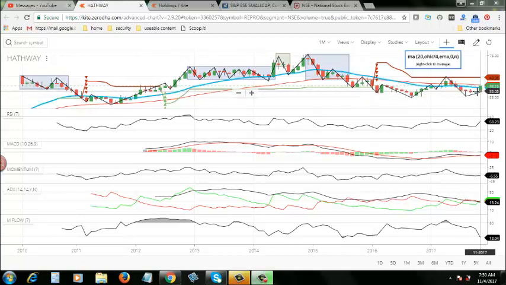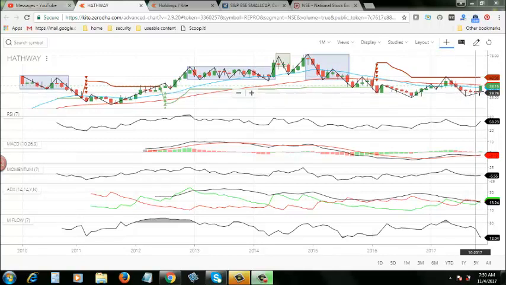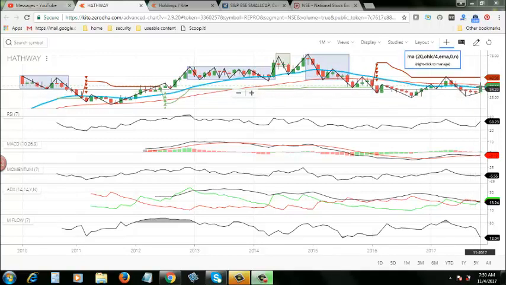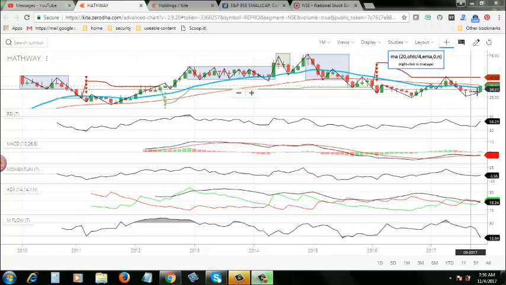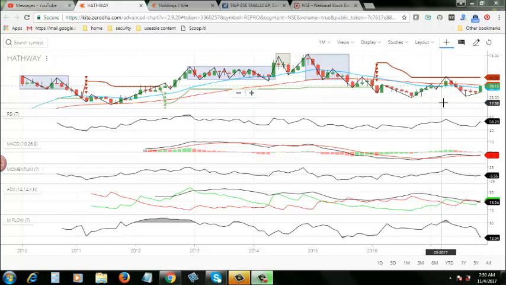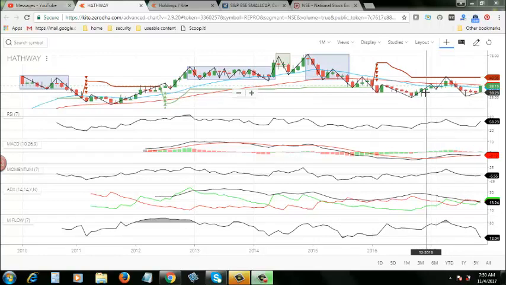And the spike is from nearly 31 to 38, a 7 to 8 rupee spike that happened in November, in the last 2-3 days. So, do we need to consider this stock for long-term investment? Still, my answer is no. Why?